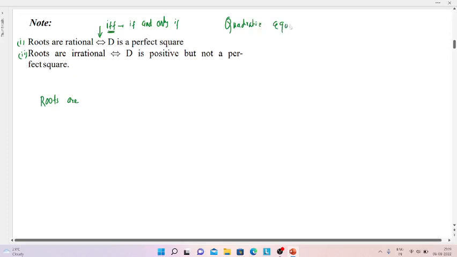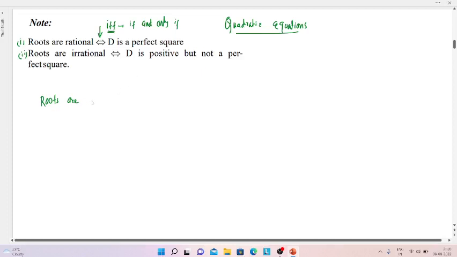You don't need to think about cubic equation, biquadratic equation, quintic equation, linear equation. You have to think about the quadratic equation, the polynomial equation which has degree 2, right?